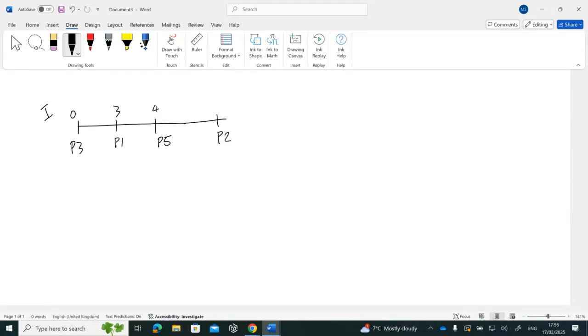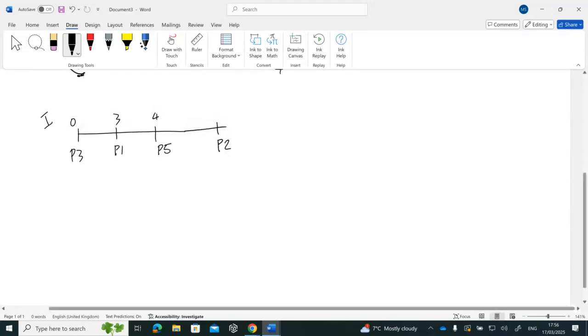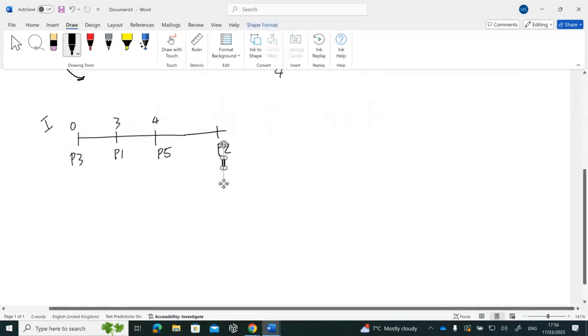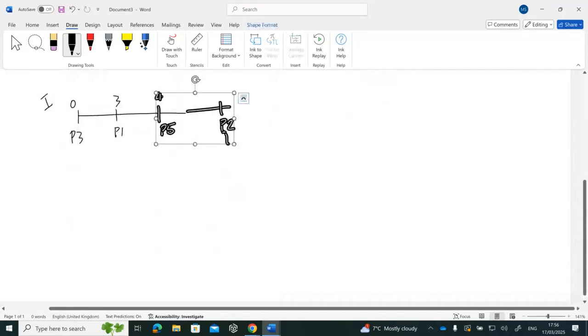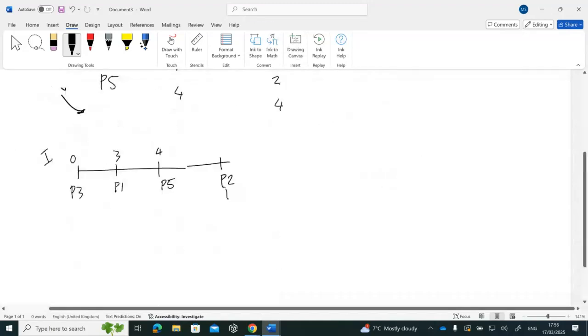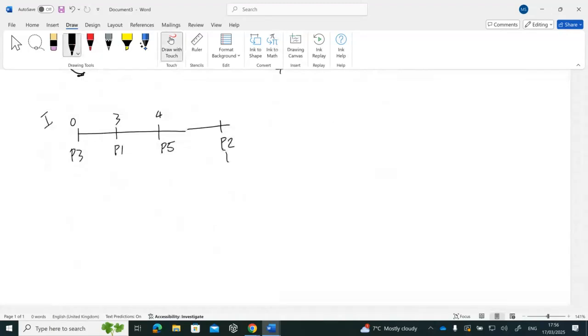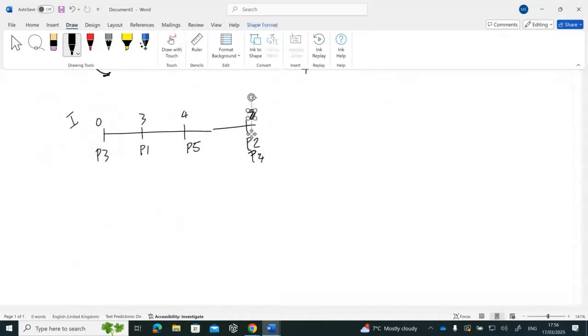And then P2 and P4 are both coming in at 7. And what is this queue called? So this is the FIFO queue.